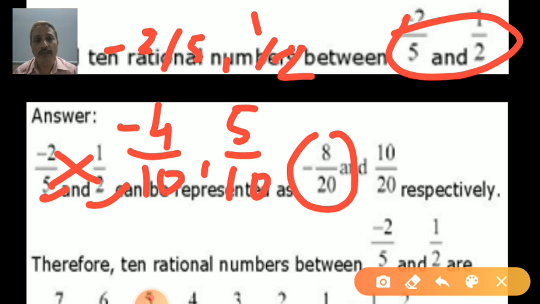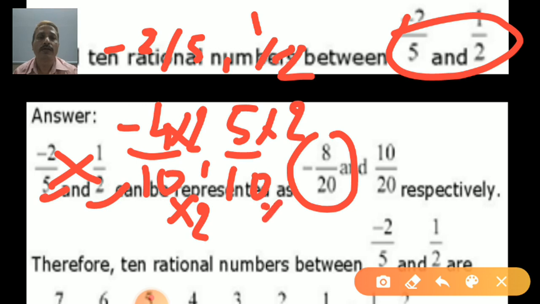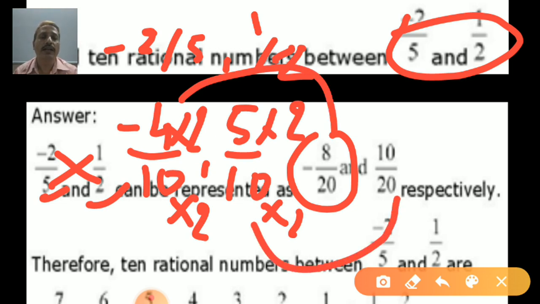Now make this number equivalent by multiplying with 2. Here multiply with 2. Then here also multiply with 2. Here also multiply with 2. And here also multiply with 2. Which gives you -8 upon 20. And here 5 twos are 20. Is it, student?